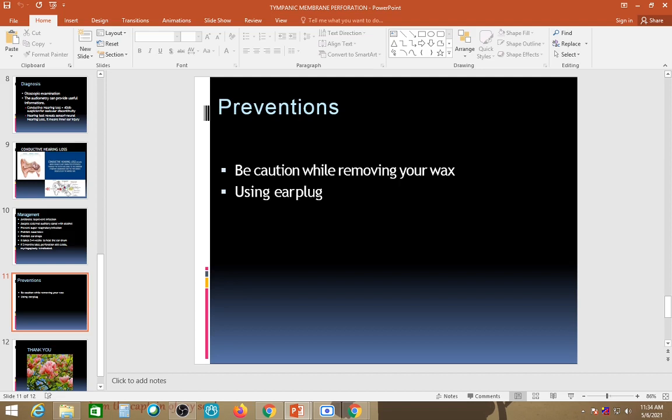Prevention. Be cautious while removing your wax and using earplugs. Last time also we discussed. What was the topic of the last class? Impacted wax. See, those are all related, okay?